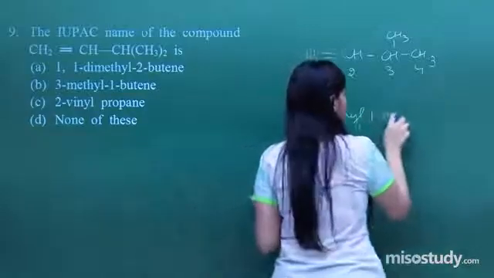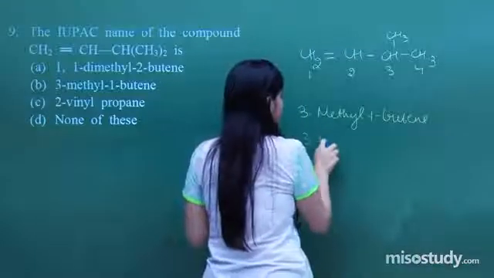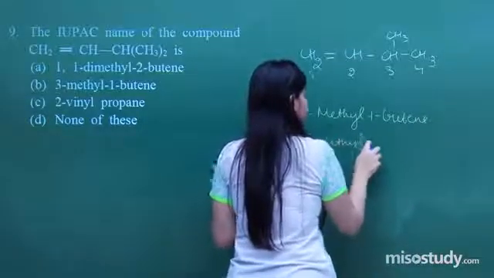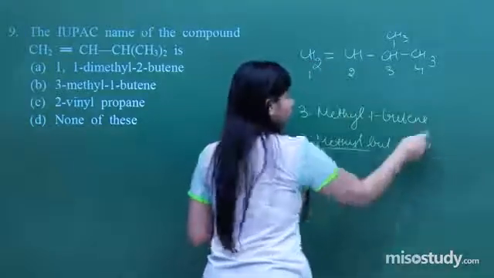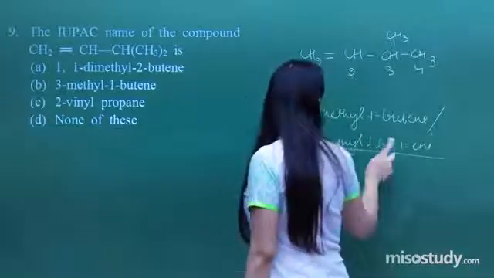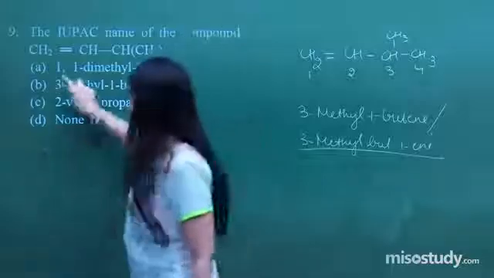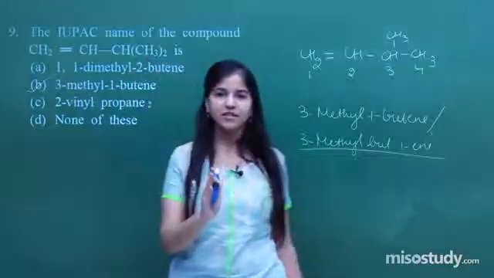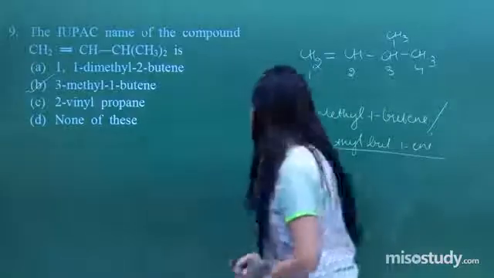So it would be 1-butene, or I can write it as 3-methylbut-1-ene. Either of the ways could be correct. Let us find our option here. It would be 3-methyl-1-butene. Again, it's a correct one. I hope everybody has got it. It's very simple. Just assign the priorities.